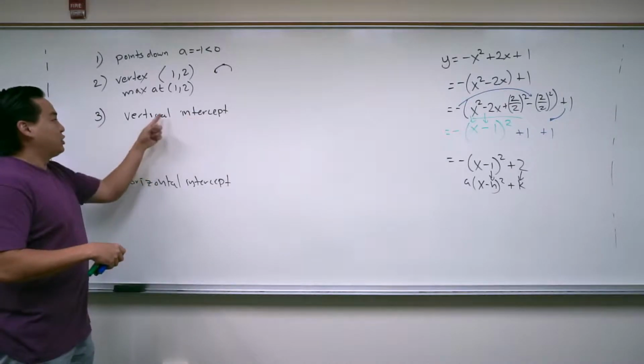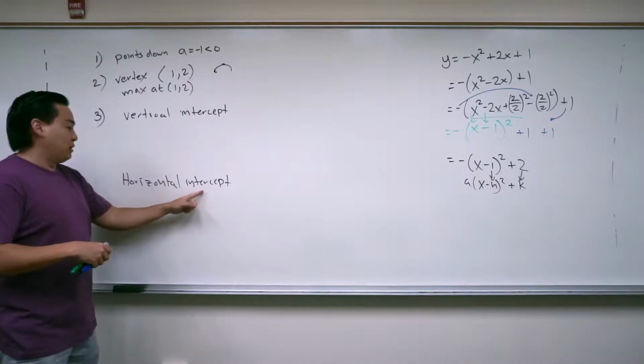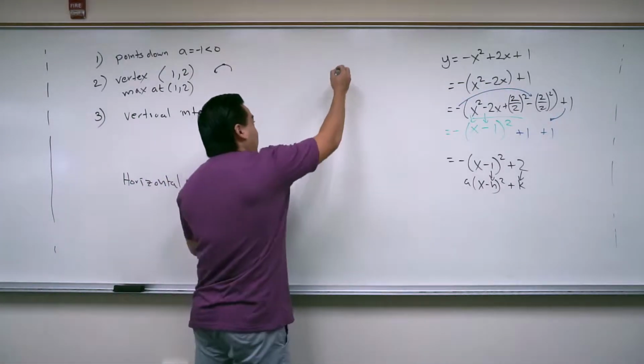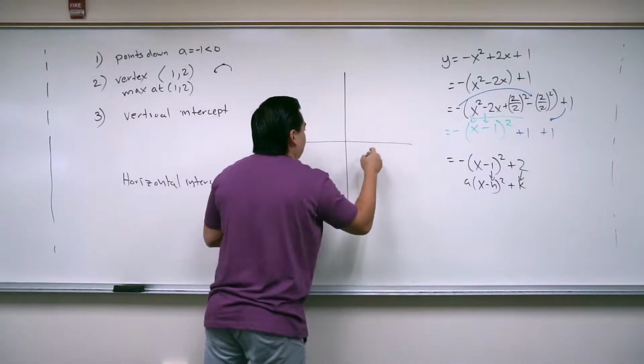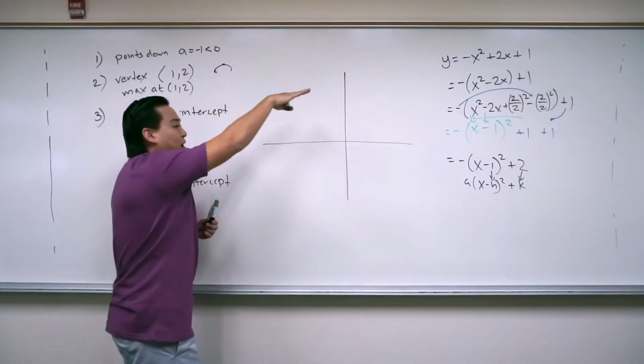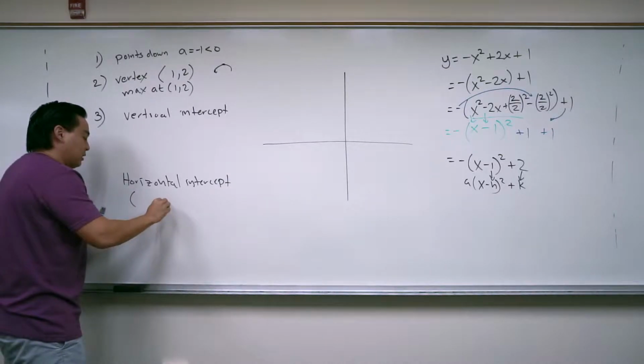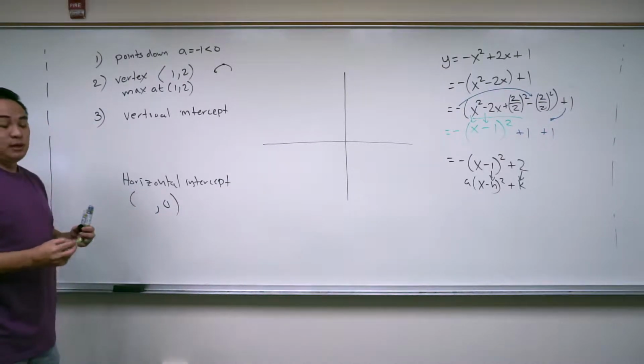So where does it touch the vertical axis? Where does it touch the horizontal axis? On a graph, this is the horizontal axis. The height of y is always 0. So we know that this is always going to look like that.